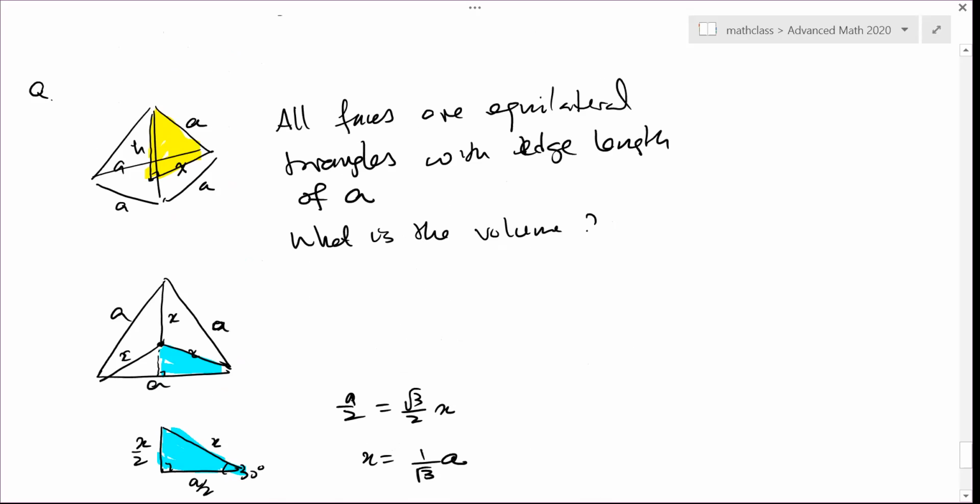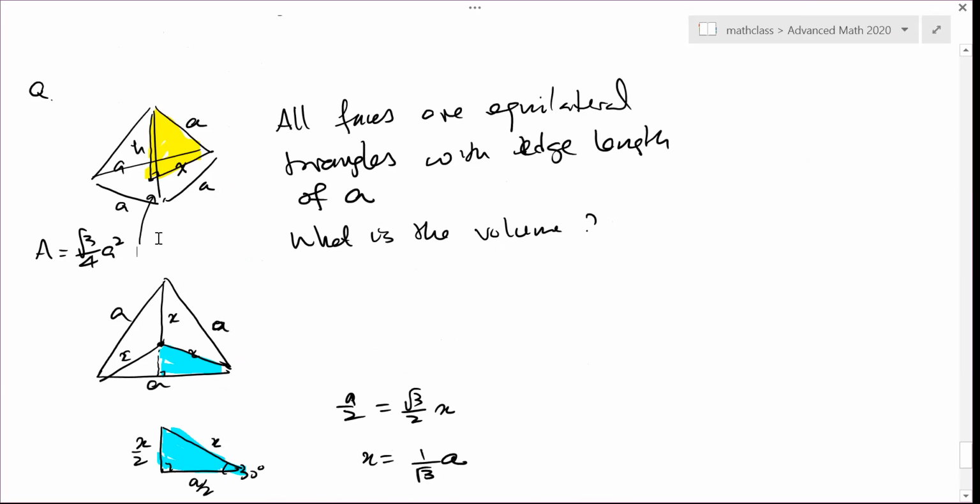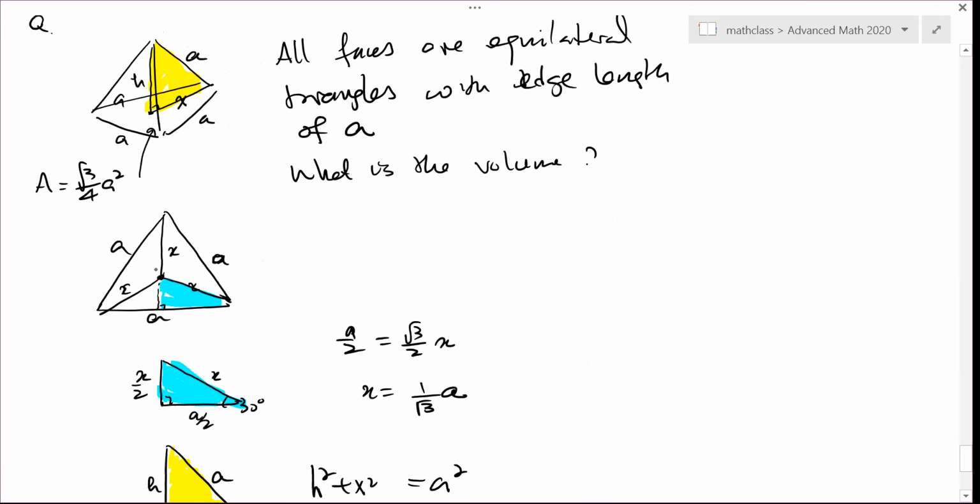So you know the area of the base, right? The base area is going to be square root 3/4 a squared. All you need to do is find the h. In order to find the h, you have to draw the right triangle. Then you find you need to find the length of another h.